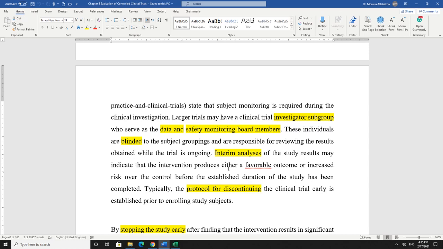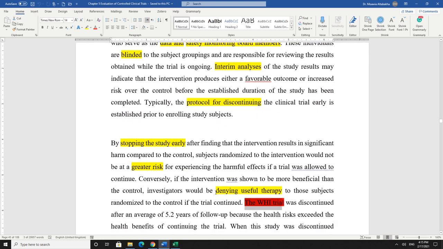So why should they continue? It's now proven within 5.2 years instead of 10 years. Or the opposite. The opposite means after 5.2 years, they found the following.